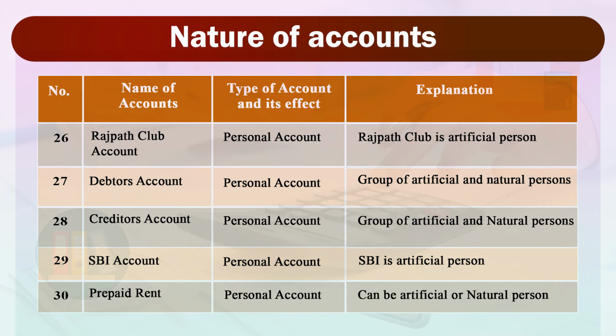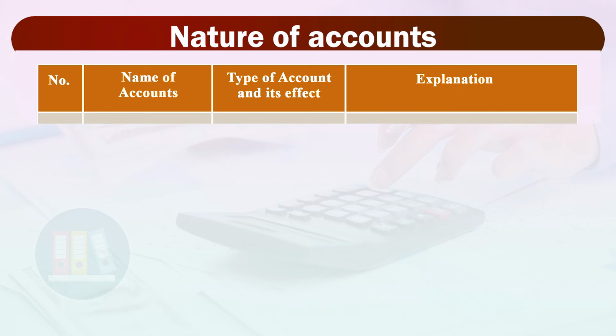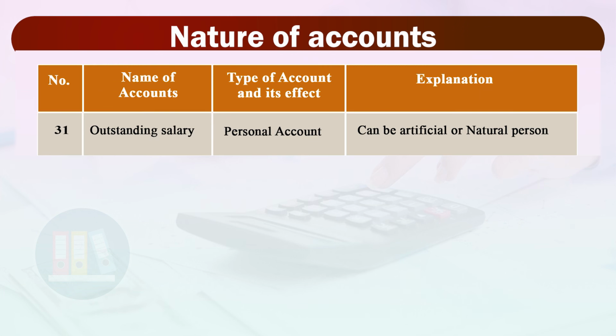Next is prepaid account. Now, be careful, whenever the word outstanding or prepaid is in prefix or suffix, we have to assume them as a personal account. So, it can be an artificial or natural person. So, it is a personal account. Next is outstanding salary, again it will be treated as a personal account.